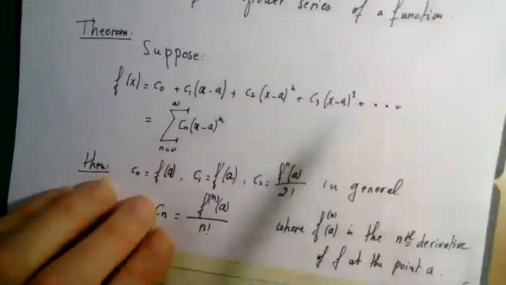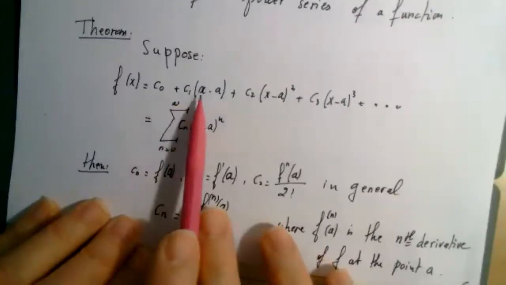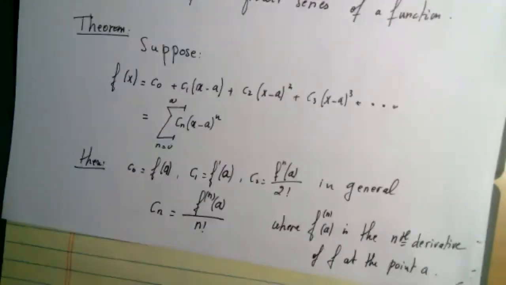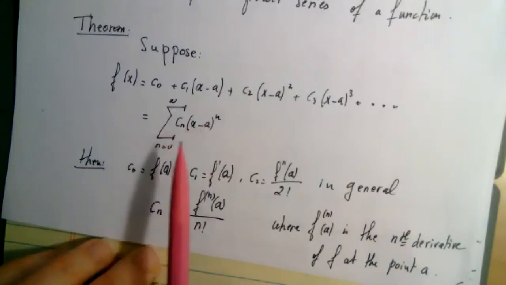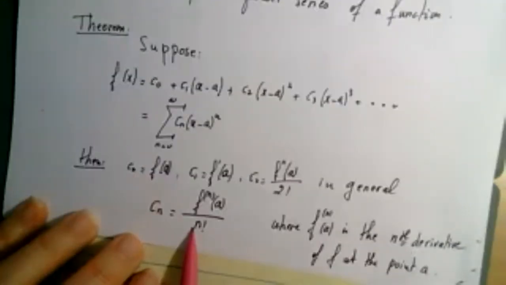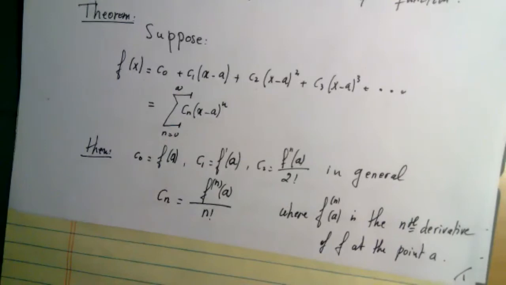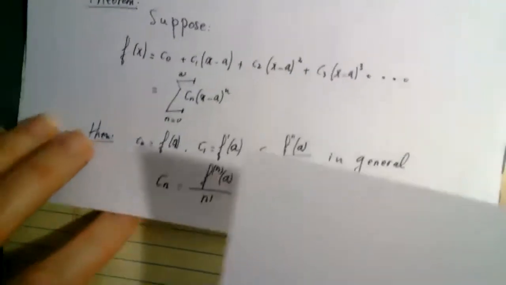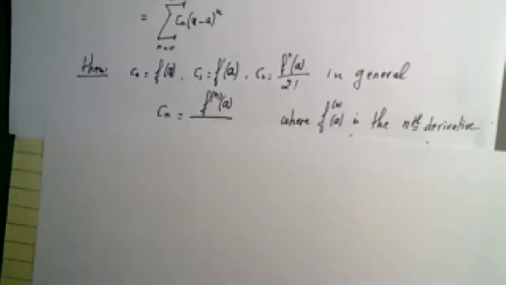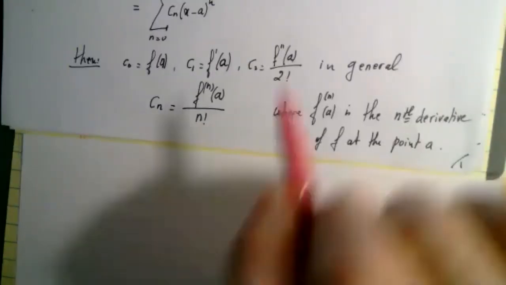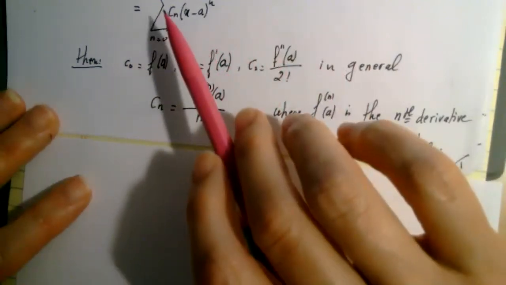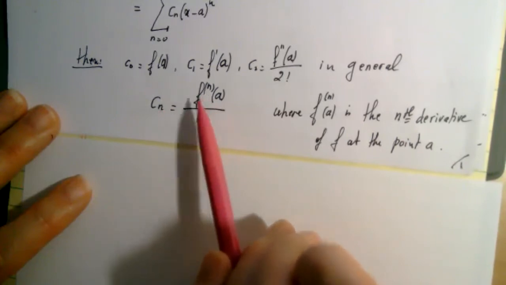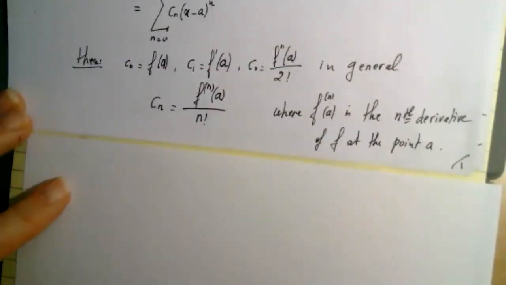The theorem tells me that if you can write the function as a power series, which I can do for 1 over 1 minus 2x, then another way to find the coefficients is by using this formula. So I'm going to compute the coefficients again using this formula, so that I can convince you that regardless of how we find the coefficients, they are always the same number.